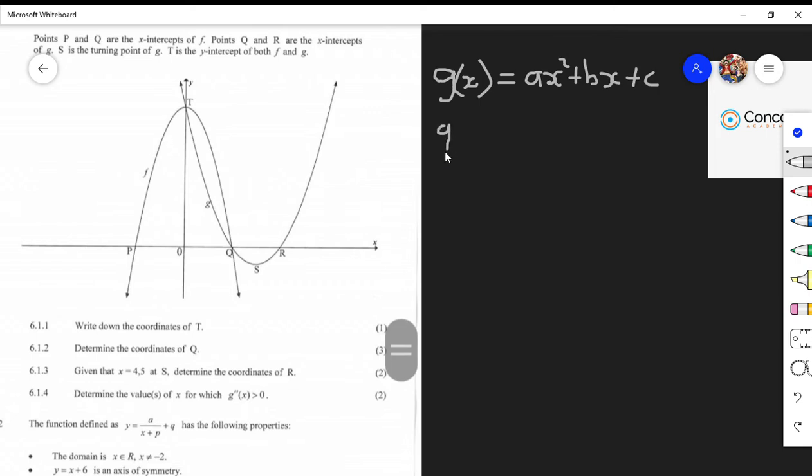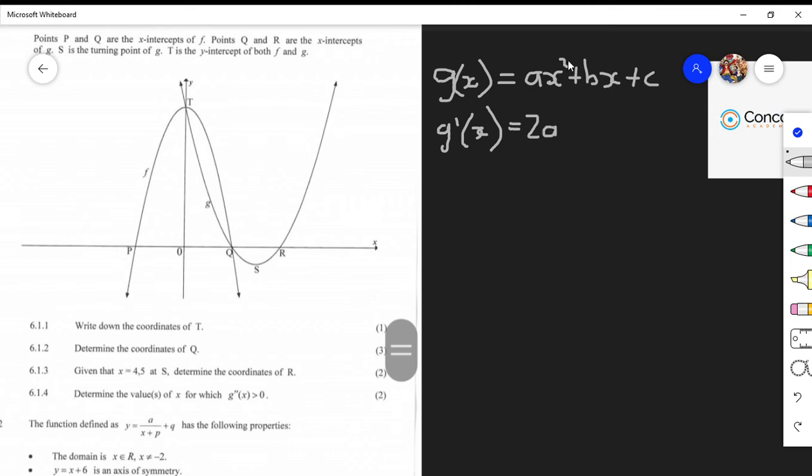And when we derive the first time, we take our exponent and multiply it with our coefficient. So the exponent of x is 2 and the coefficient of x is a. So we'll say 2 times a, which is 2a. So that's the first part. We write down 2a.